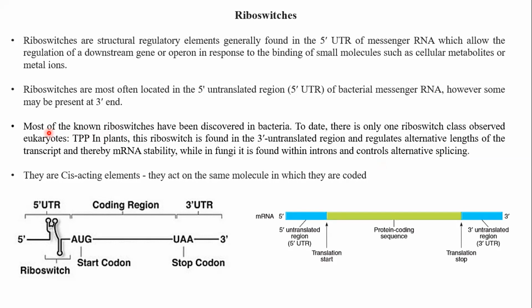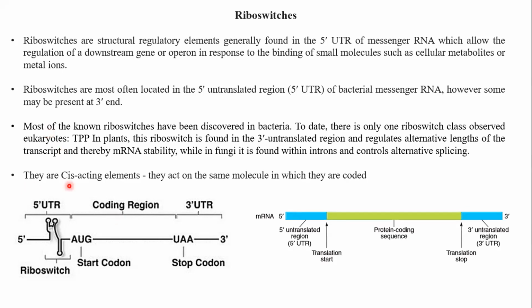If the expression of the gene passed transcription, then there is no option to control gene expression at the transcription level. There are mechanisms to control translation also, but first in this topic we will be dealing with how transcription is controlled by riboswitches.